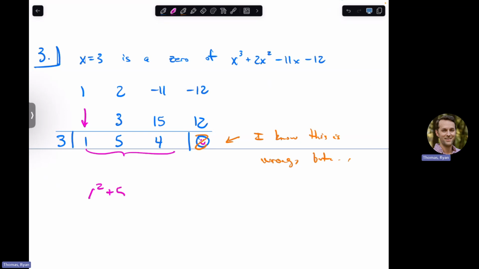x squared plus 5x plus 4 equals 0, and then solve that, right? And you get -1 and -4? Okay.